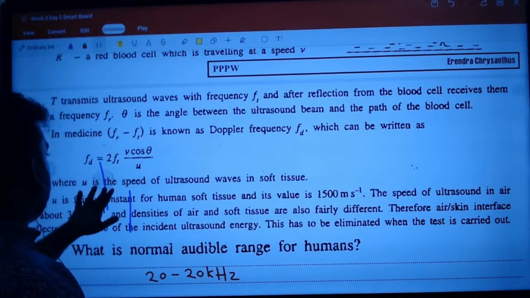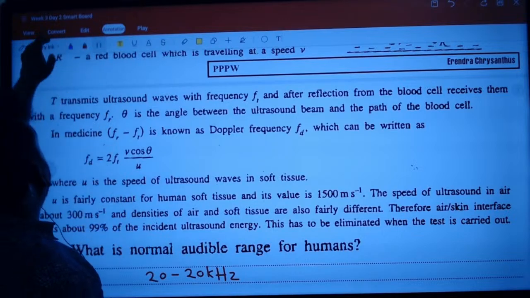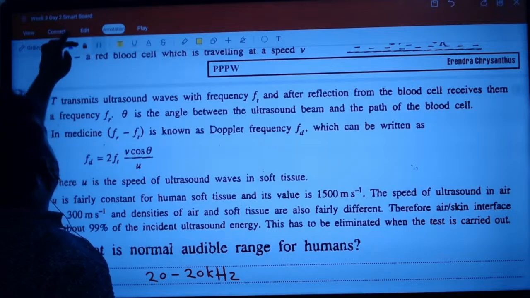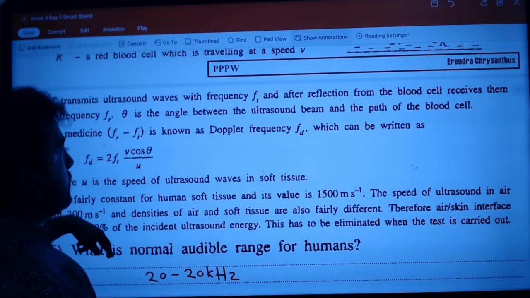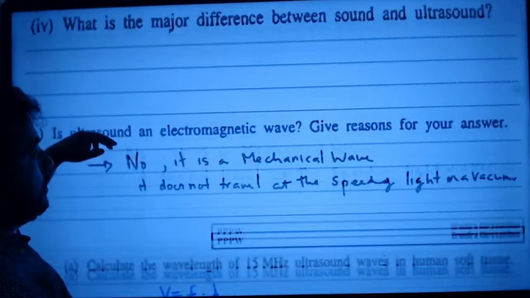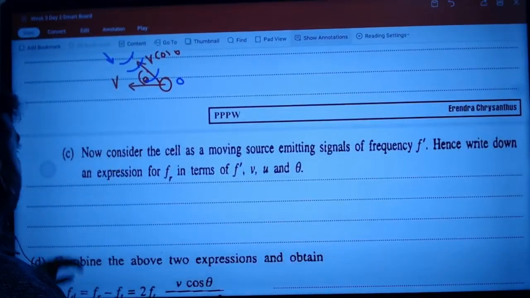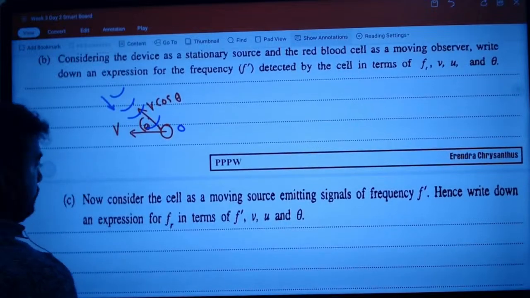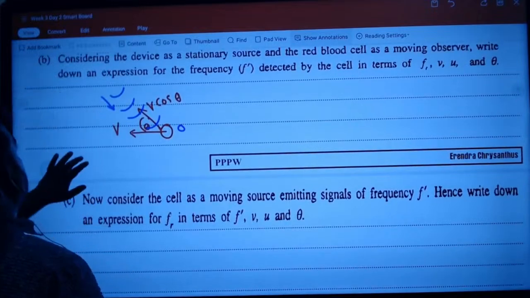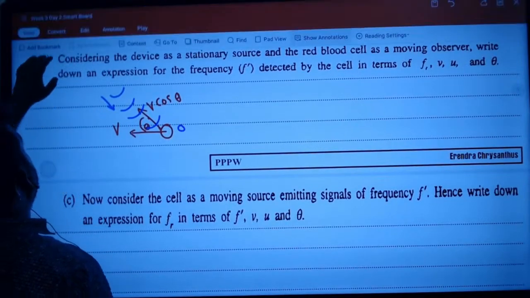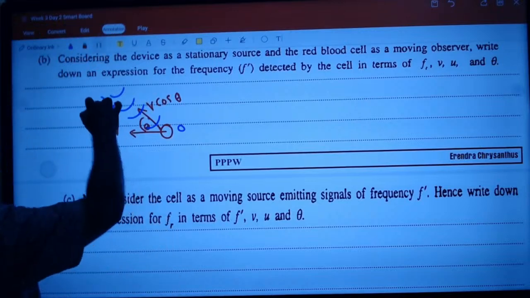Ultrasound waves are coming at a speed u.